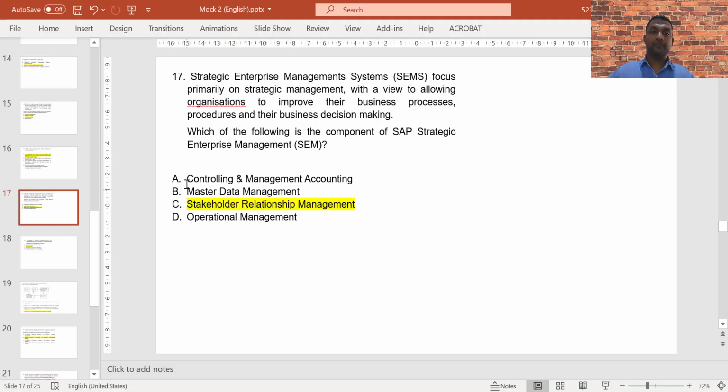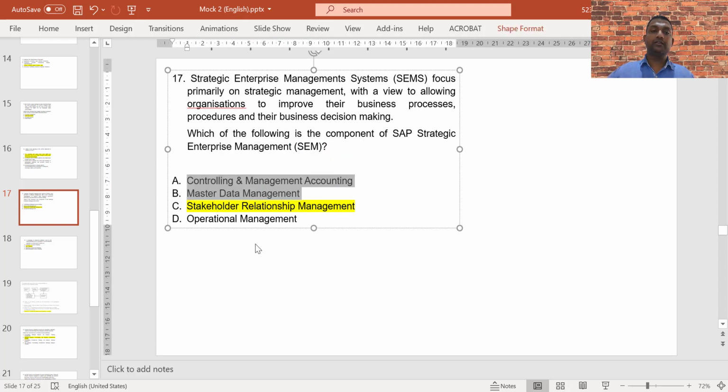And the other options other than the answer C, which is the correct answer, other options are not the strategic options or components. These are operational or management components. So these are also available, but not in the strategic enterprise management system, right?